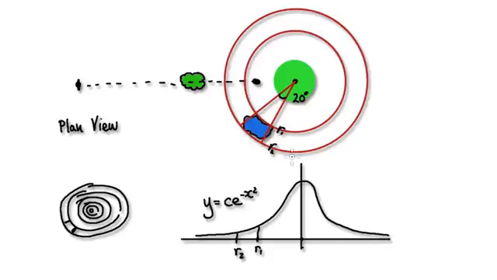To work out the probability of the golf ball landing in the pond, we will need to work out the volume of the pond divided by the whole thing.